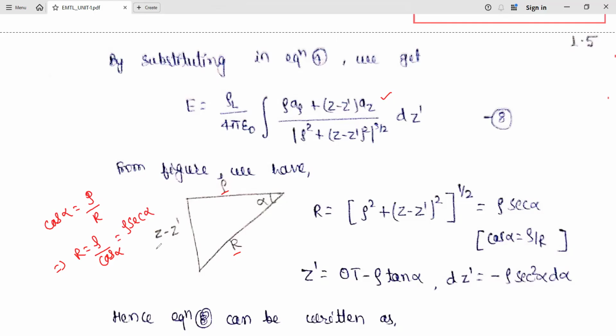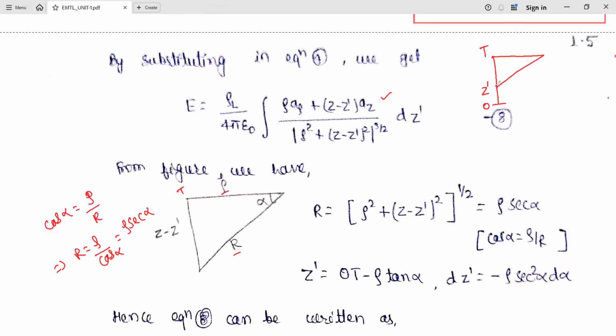And 1 by cos alpha is sec alpha, so that's why it is rho sec alpha. Now we have to find the z dash value. This z dash is the complete distance of the point P that we got. This point is T. If you see the diagram, in a situation like this, this point is T, and here we have considered the differential length at z dash, and here we have the origin.